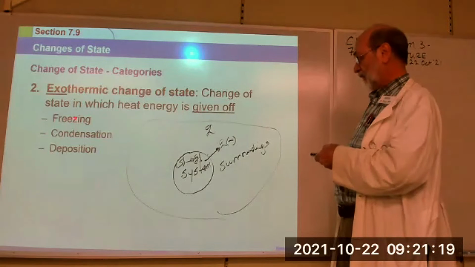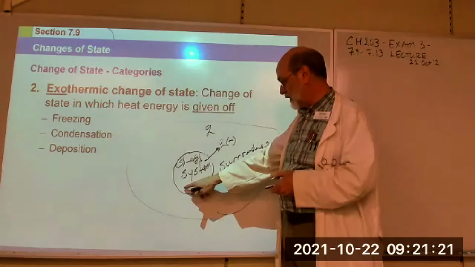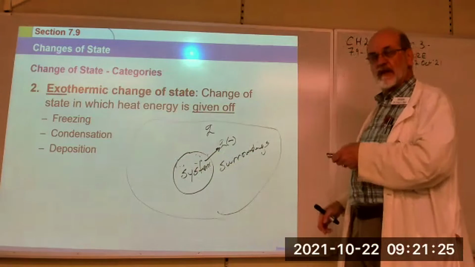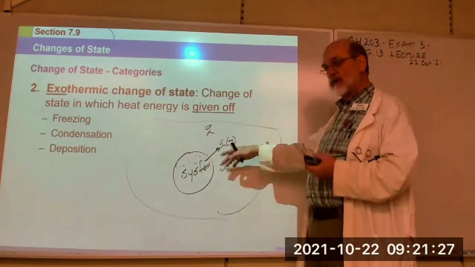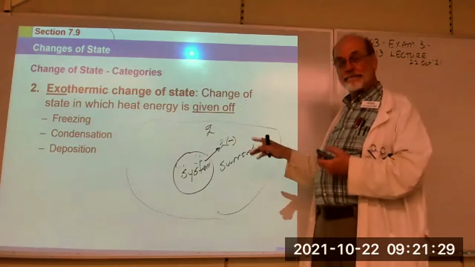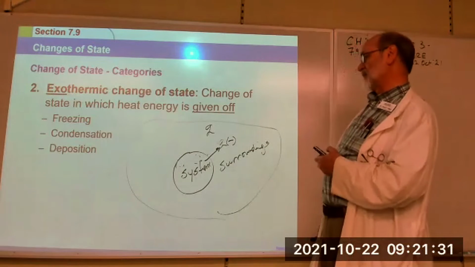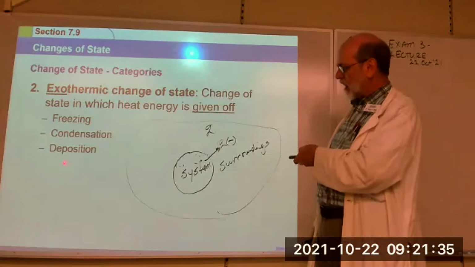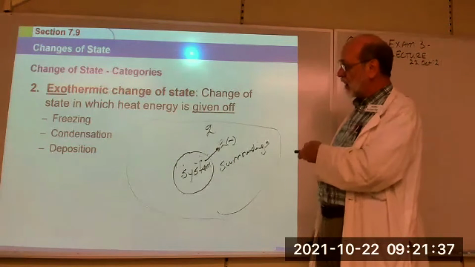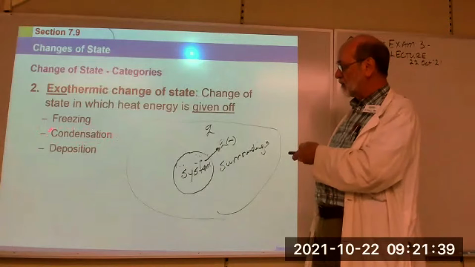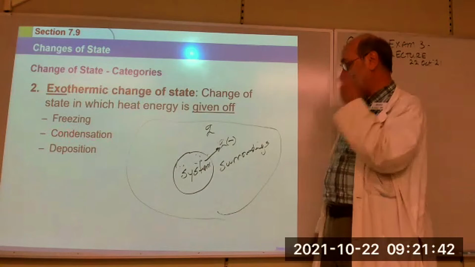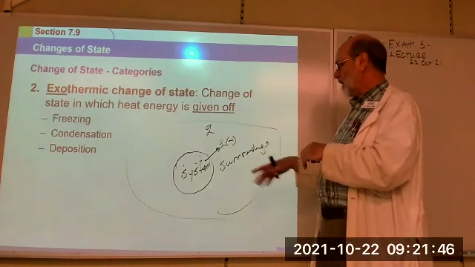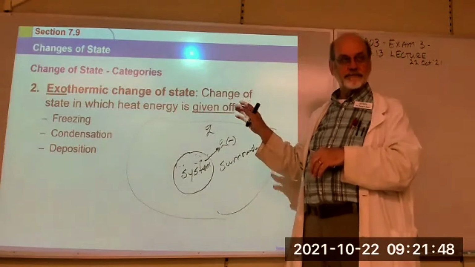Freezing, if you go from liquid to solid, you have to release heat. Deposition would be gas to solid. Condensation would be gas to liquid. Any of these processes require that heat be released.